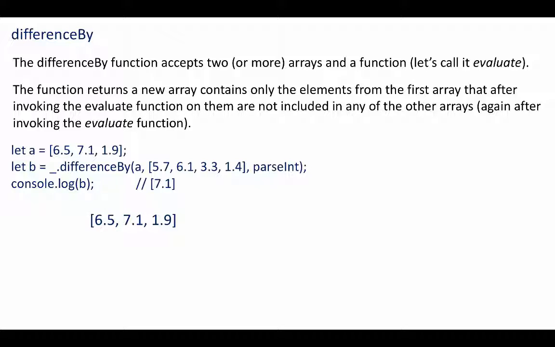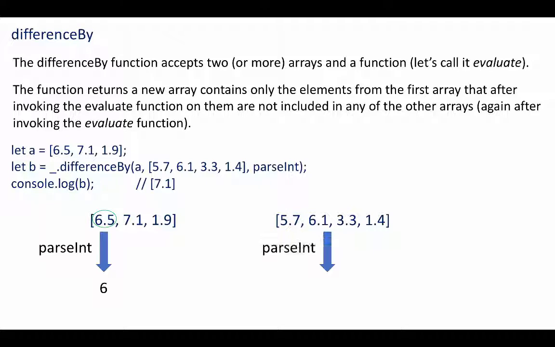First of all, the function takes the original array and takes the first value, 6.5. Now it activates the function parseInt over it and gets the value 6. Now it goes to the second array and activates over its values the function parseInt. So it gets those values. Now you can clearly see that 6 indeed appears in the second array.